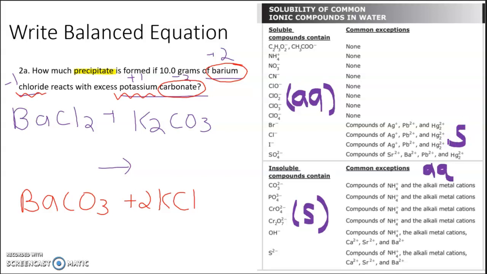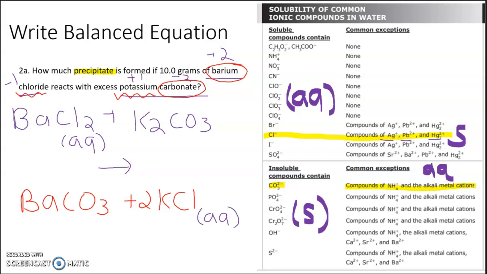So our first one is barium chloride. Chlorides are usually aqueous unless paired with silver, lead, or mercury. Well, barium is not any of those, so that is aqueous. And then my product, KCl. K is not silver, mercury, or lead, so that is also aqueous. Now let's look at the carbonates. Carbonate is soluble unless it's with NH4 or an alkali metal.